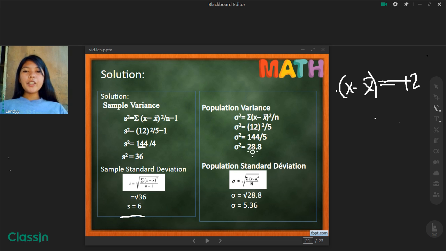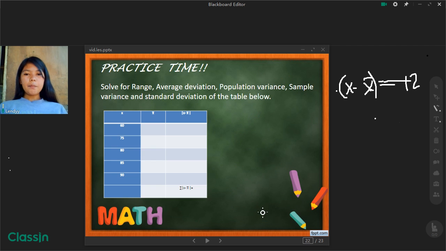So we have 144 divided by 5 is equal to 28.8. And our population standard deviation is just simply the square root of 28.8, which is equal to 5.36. So here is our population standard deviation.